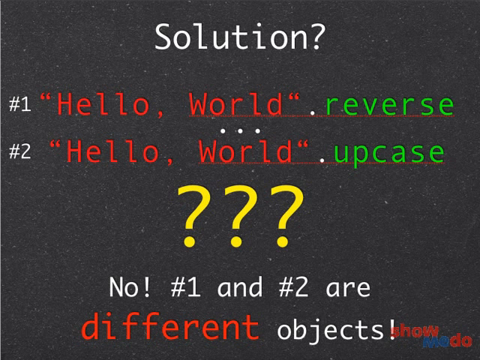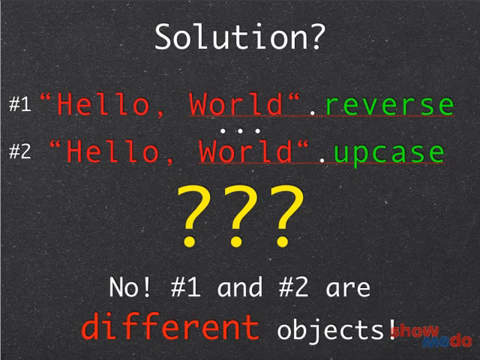And this might be the solution for our problem. Well, it turns out that it isn't, mainly because the hello world in line number 1 and the hello world in line number 2 are different objects. Let me jump right into IRB to prove that.